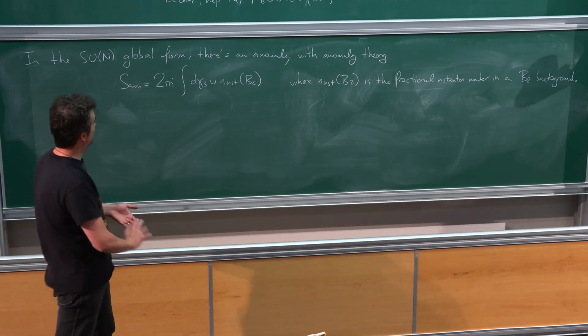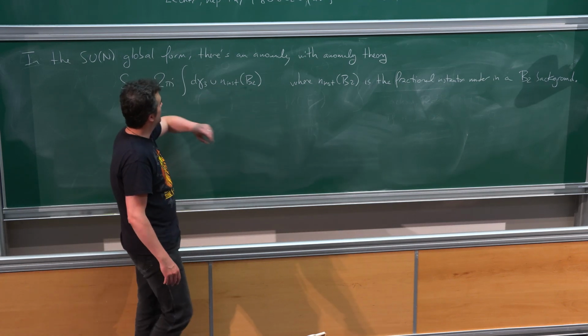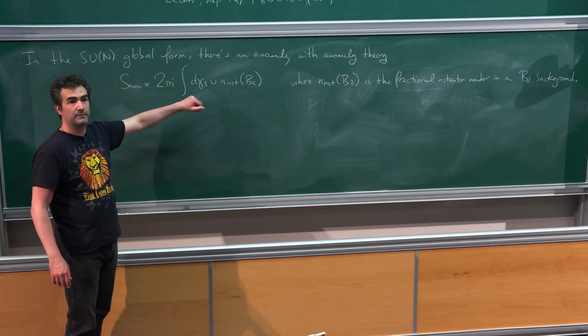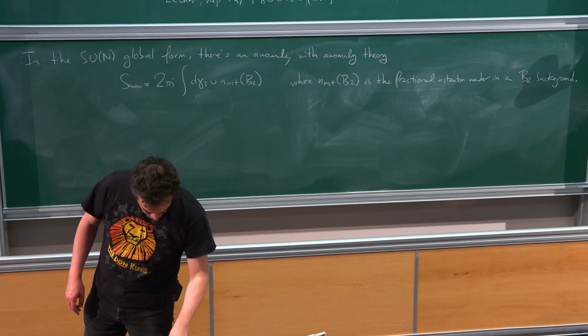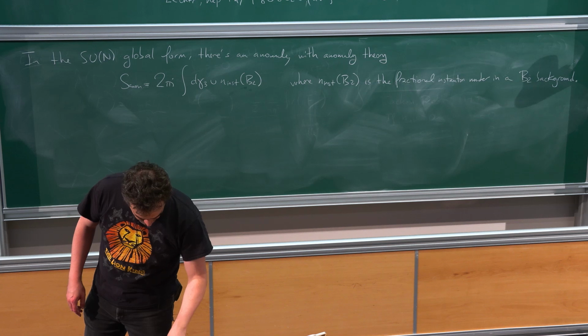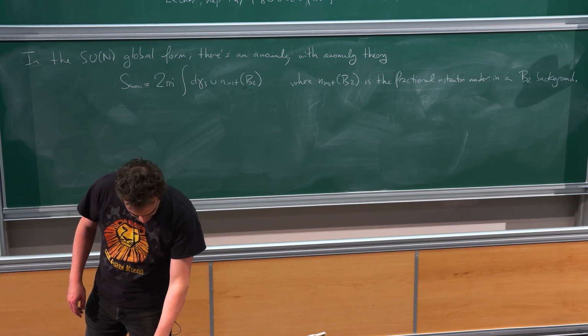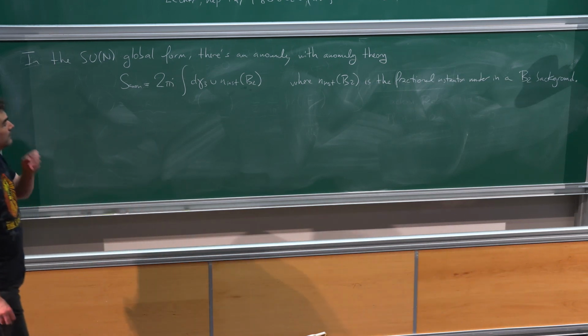So that's defined modulo 1, but this is an integral class, so the modulo 1 does not affect my anomaly. It's only the fractional part of the instanton that matters. Okay.